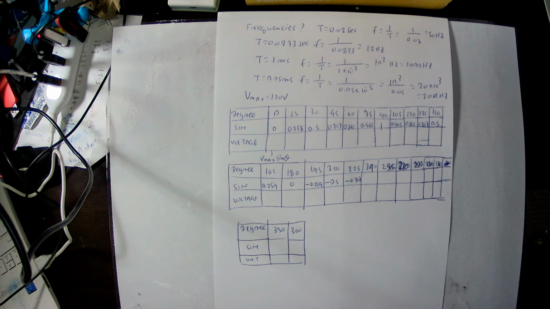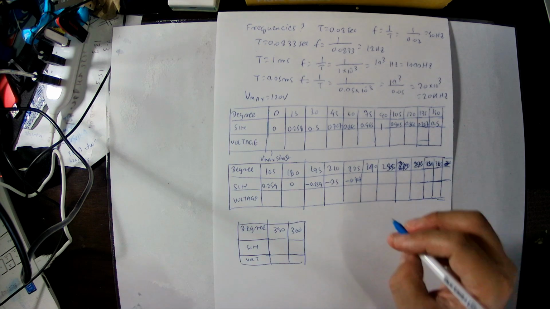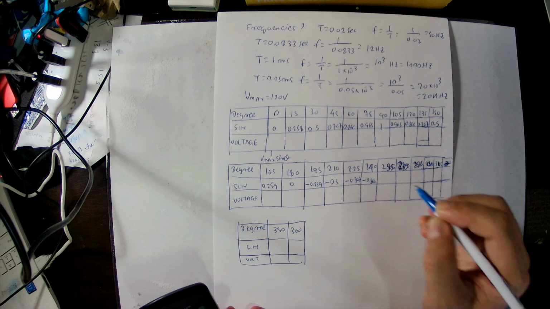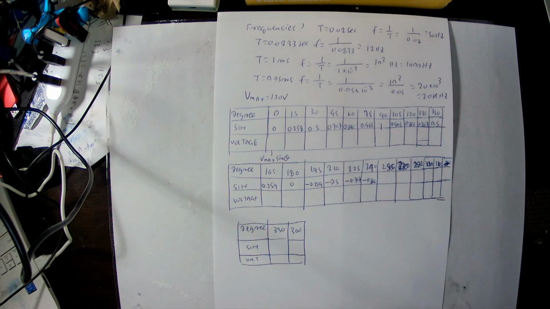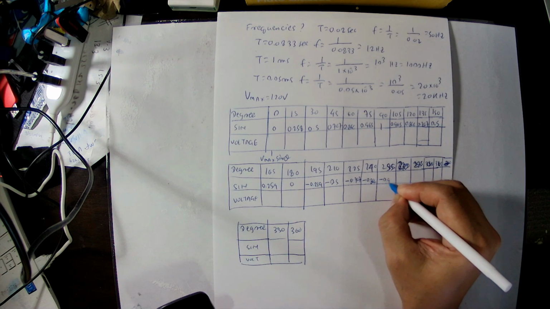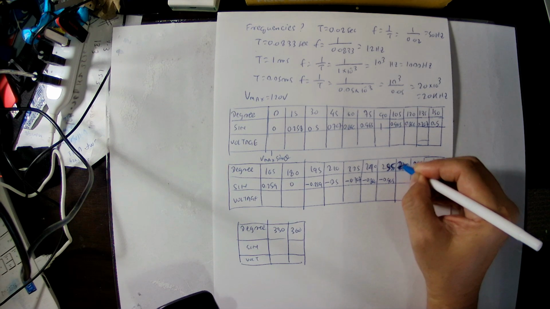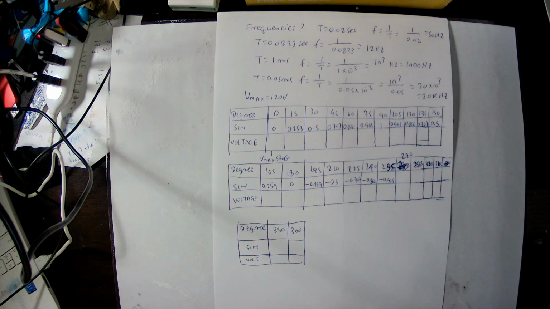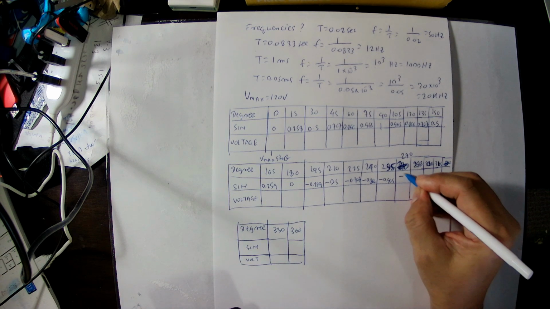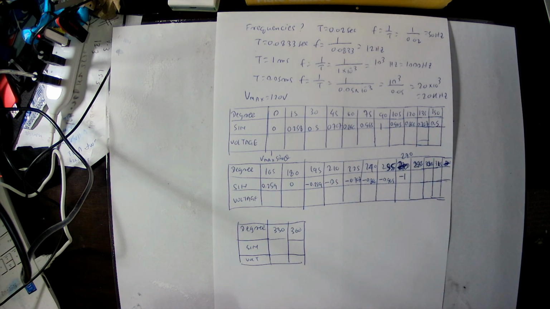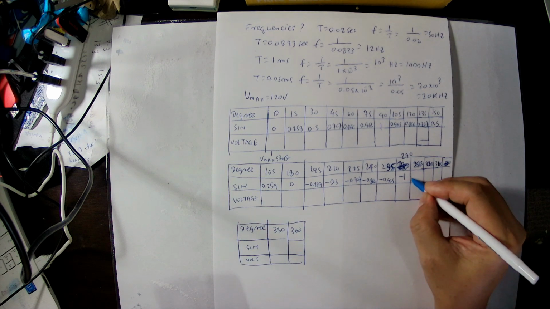So we calculate sine 240, which is minus 0.866. Sine 255 is minus 0.965. Sine 270 is minus 1. Sine 285 is minus 0.965.